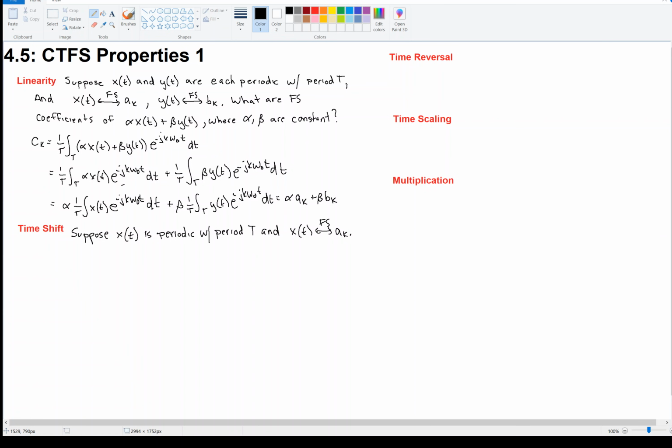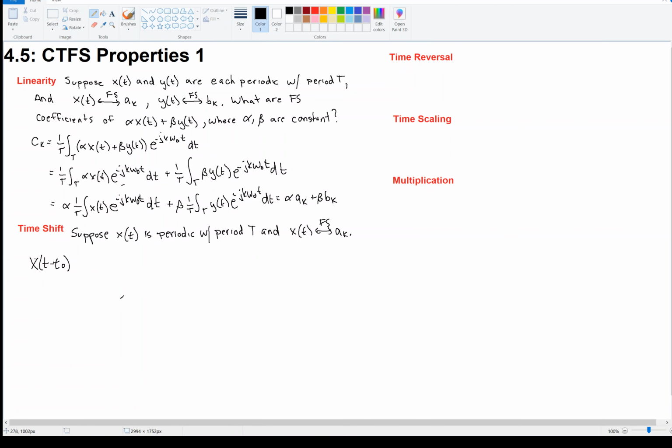All right. Now we want to find out what are the Fourier series coefficients of x of t shifted. So x of t minus t0.